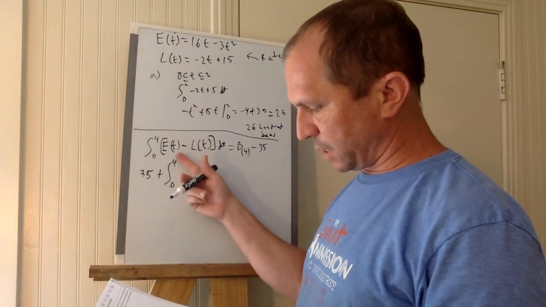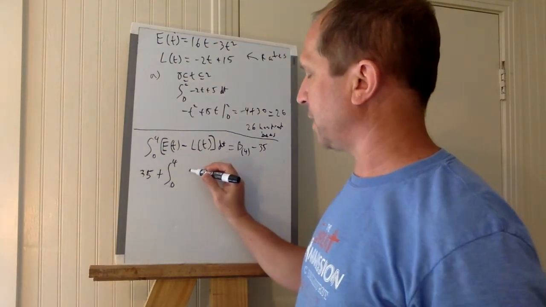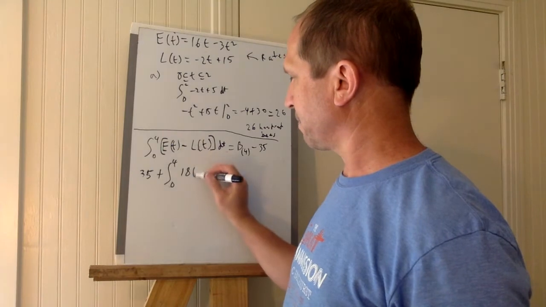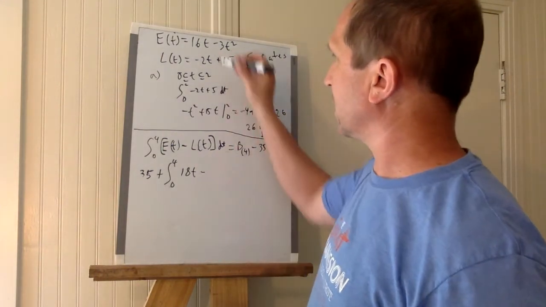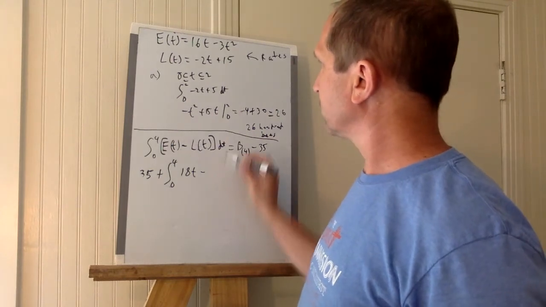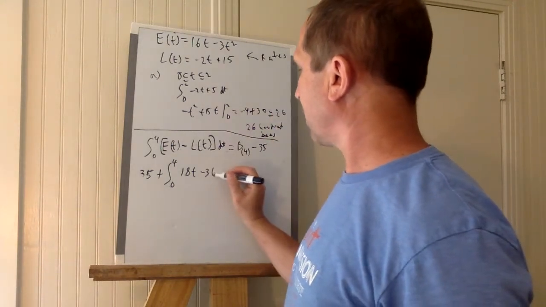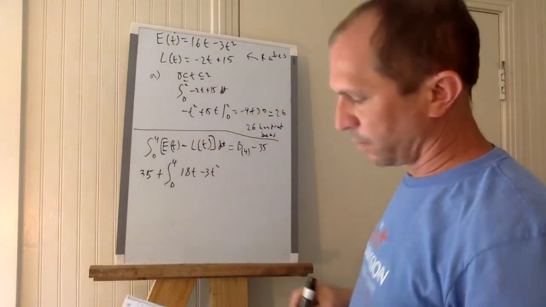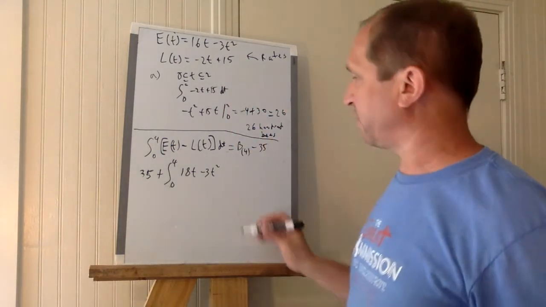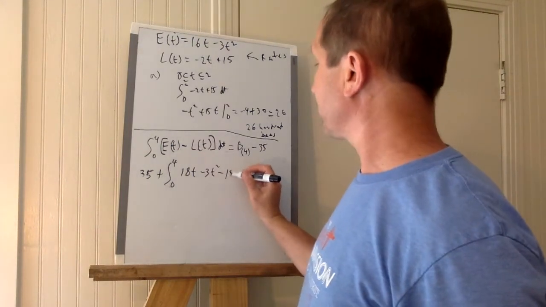So 16t minus negative 2t would be 18t. And the terms that you haven't combined, you've still got your negative 3t squared from up top, and then you have your 15. So that's going to be minus 15 here because it's subtracted.